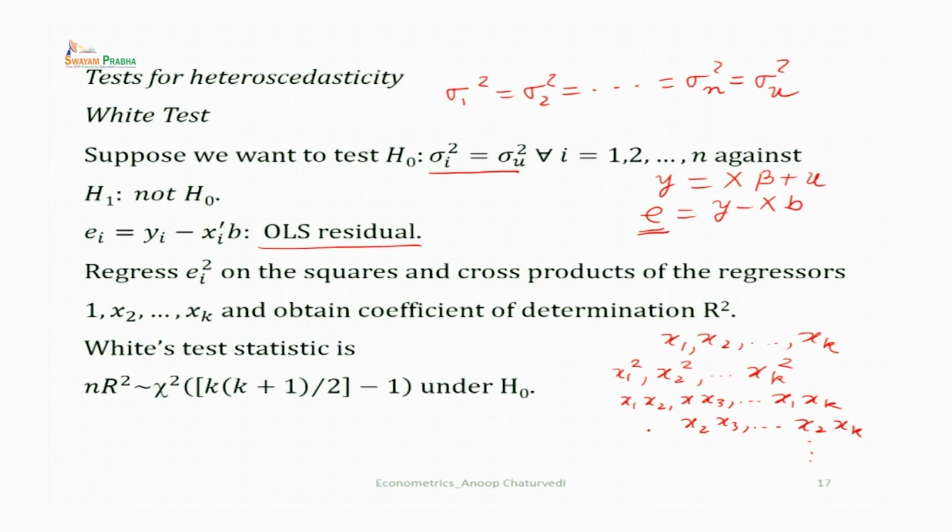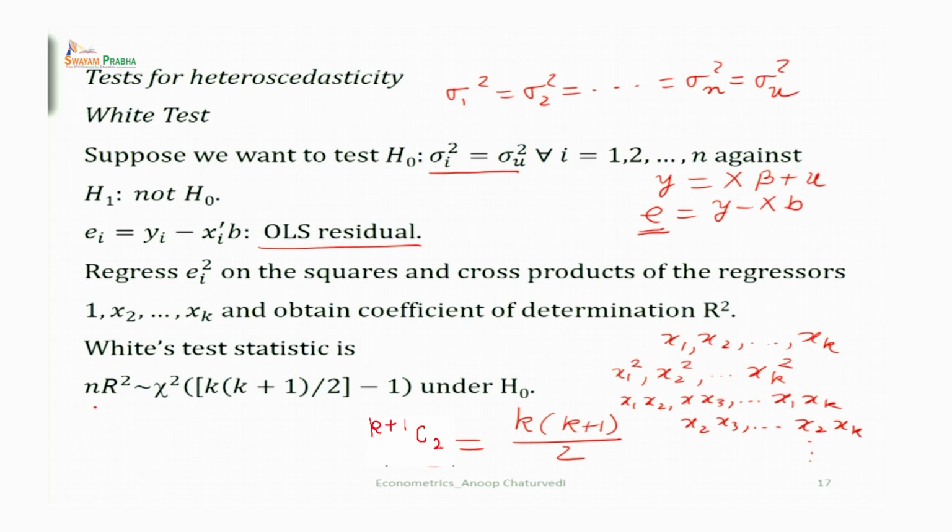So, in all, how many terms do you have? k into k plus 1 by 2. In fact, this is equal to k C 2, and k C 2 is equal to k into k plus 1 by 2. And then we obtain the coefficient of determination r square. This coefficient of determination is obtained by running the regression of e i square on all these squares and cross products.